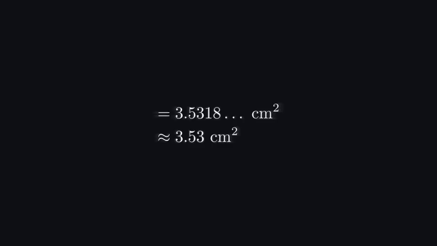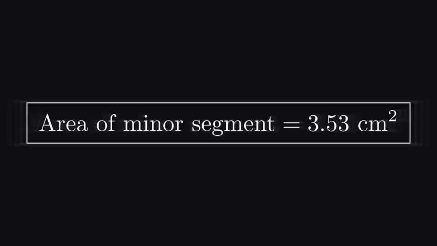Approximately equals 3.53 square centimeters. So the area of the minor segment cut off by chord PQ is 3.53 square centimeters.